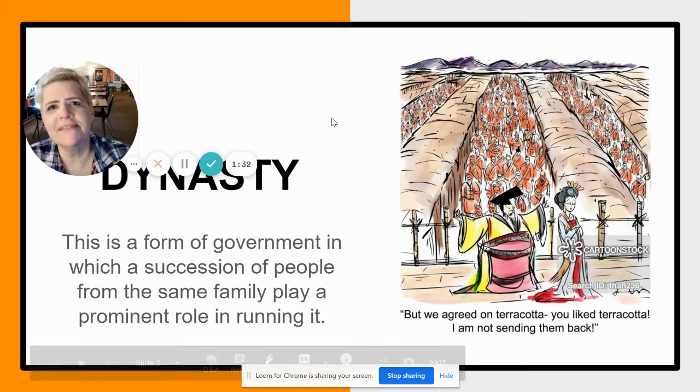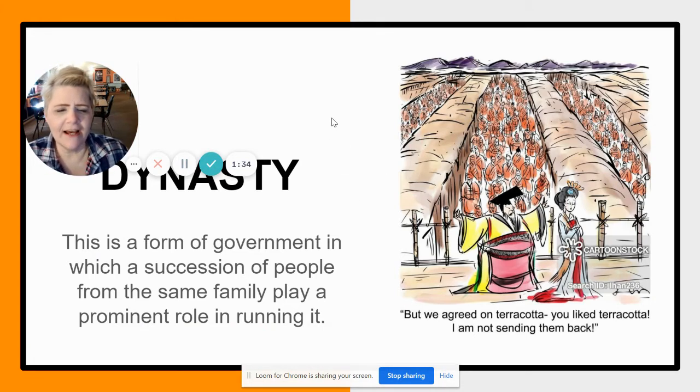First thing we're going to go over is a dynasty. You have to remember there is a difference between a dynasty and a monarchy, and the big part of the dynasty is that it is a succession of power from the same family. And so that's why you'll see when we're studying Asian cultures that it's like the Han dynasty, the Tang dynasty, the Song dynasty.